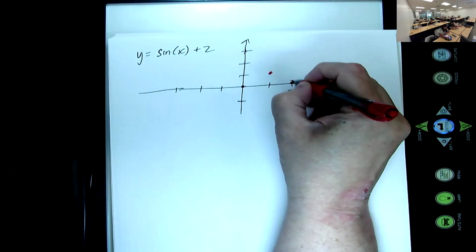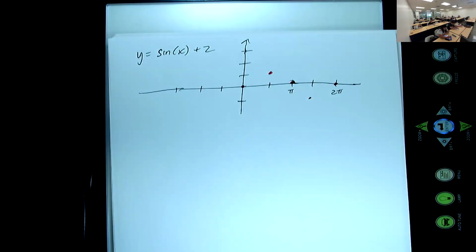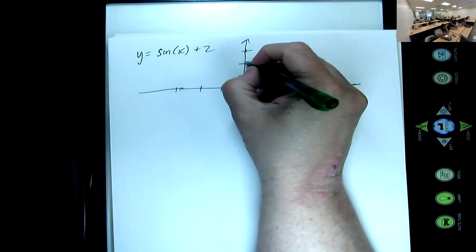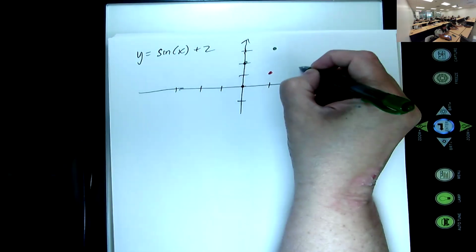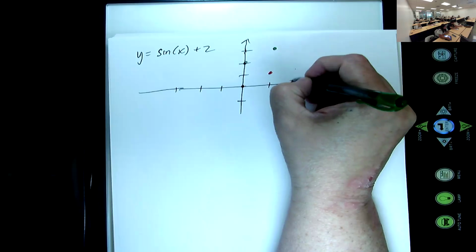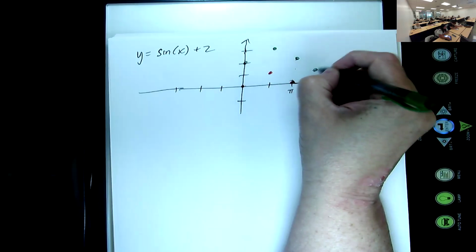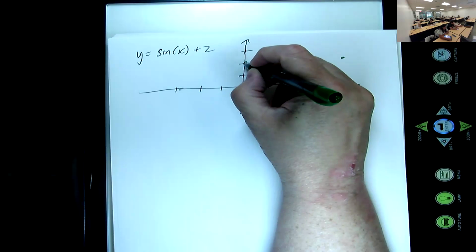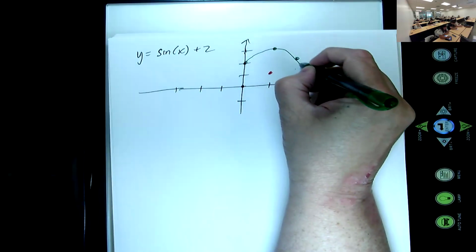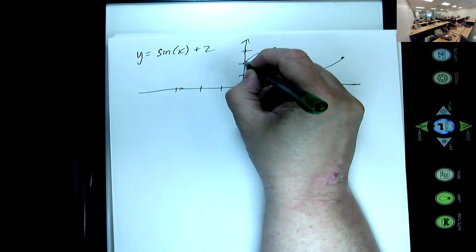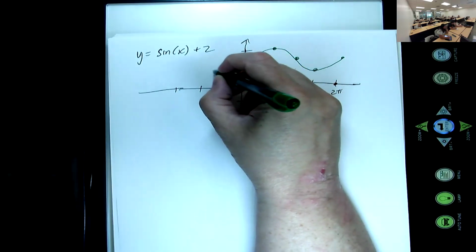So we got our zeros at our pi's for sine, and then we got 1 and -1. And then move it up 2. Just take all these points and move them up 2, and graph there. And obviously it goes to the left and keeps going.